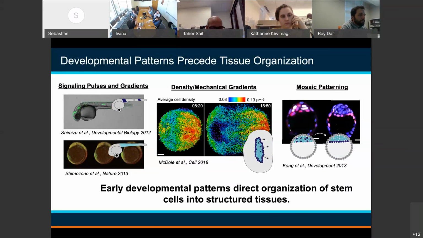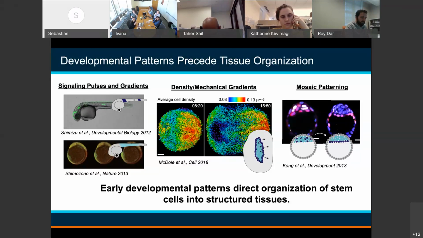Some dynamic patterns, for example, in this zebrafish example, are signaling pulses and gradients thought to be important for elongation and a slew of other things. There are also density and mechanical gradients, as we see in this example of the mouse gastrula, where density gradients are continuously changing over the course of gastrulation.